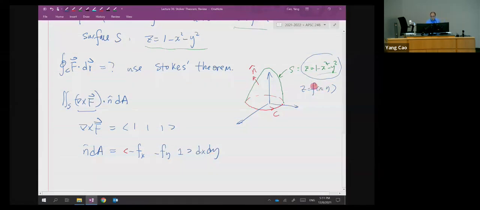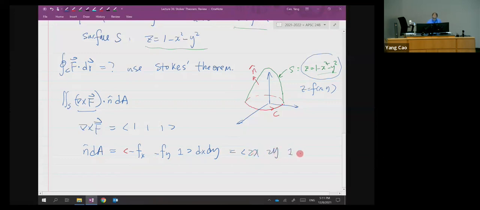Here is your function f representing this surface, so f is 1 minus x squared minus y squared. The two partial derivatives give you negative, because you already have a negative. The partial derivative of f with respect to x is negative 2x, and with the other negative, you get positive 2x.